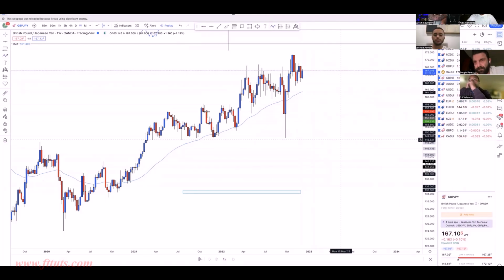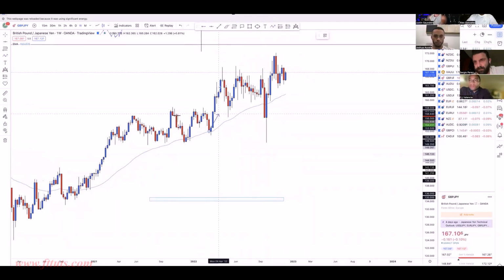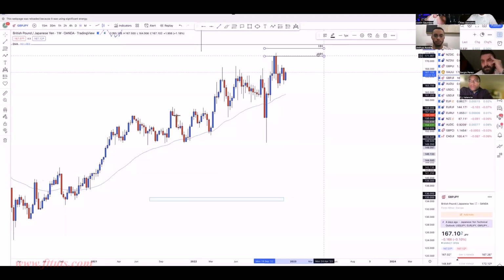So let me just delete this. We are bullish. We are creating higher high, higher low, lower low, higher high. So we mark this off as our higher high. And then we mark this off as our higher low.